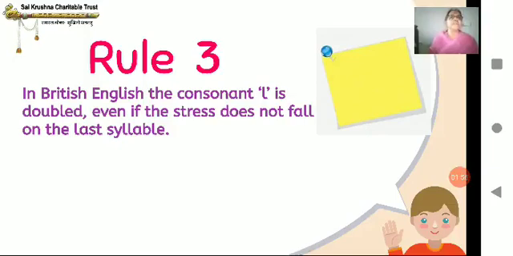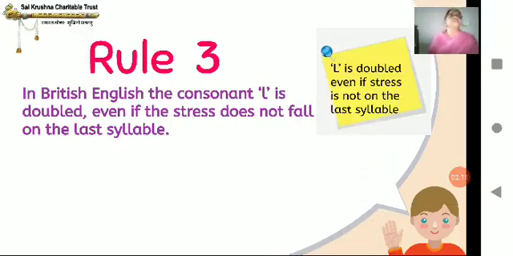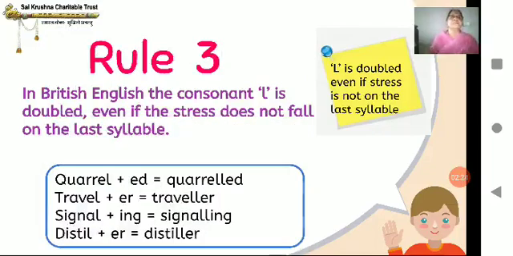In British English, the consonant L is doubled, even if the stress does not fall on the last syllable. Okay? So wherever the last letter is L, even though there is no stress, it gets doubled. Let's see some examples. So here in this note you can see L is doubled even if stress is not there on the last syllable.